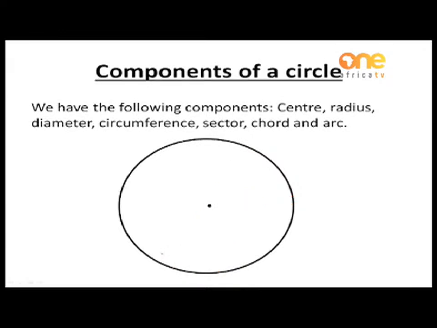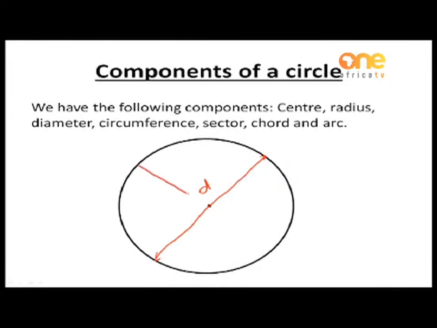Next up, we have a diameter. This is a line that passes from one end of the circle to the other, but passes through the center of the circle. So this here is a diameter. Usually we think of diameters as the distance from one end to the other passing through the center.